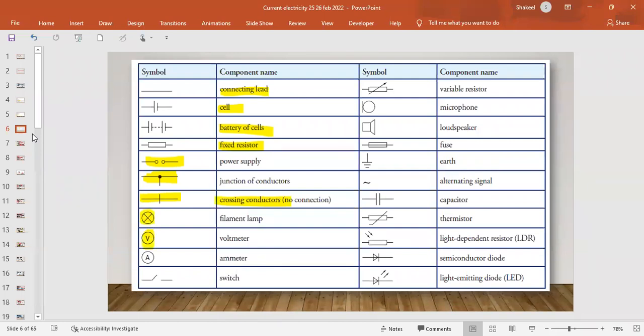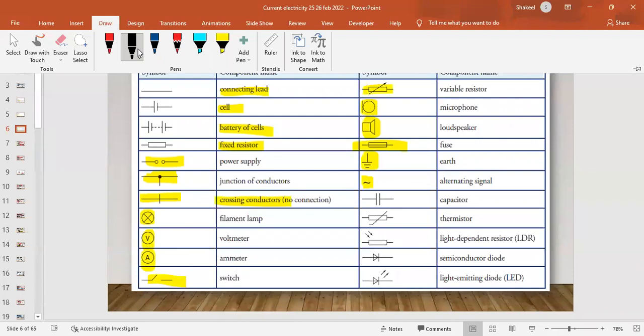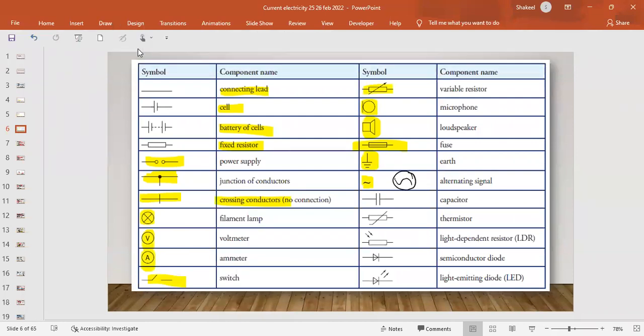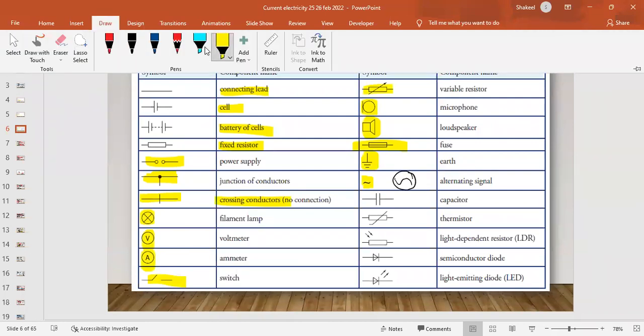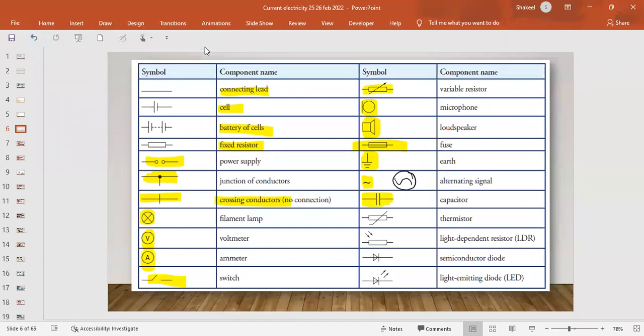Then the lamp, voltmeter, ammeter, switch, variable resistor, microphone, loudspeaker, fuse, earth wire, and the alternating current supply, which can be drawn like this. After this, the capacitor symbol, thermistor symbol, LDR symbol, diode symbol, and light emitting diode symbol. So you just have to know these symbols.